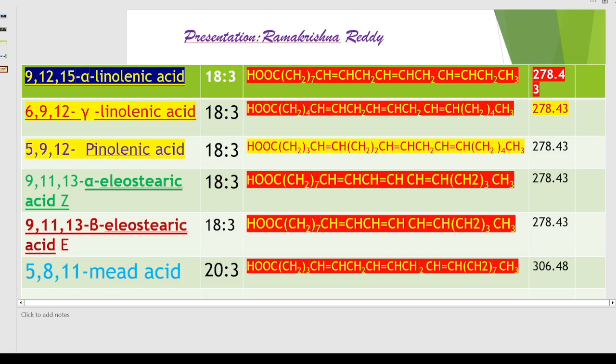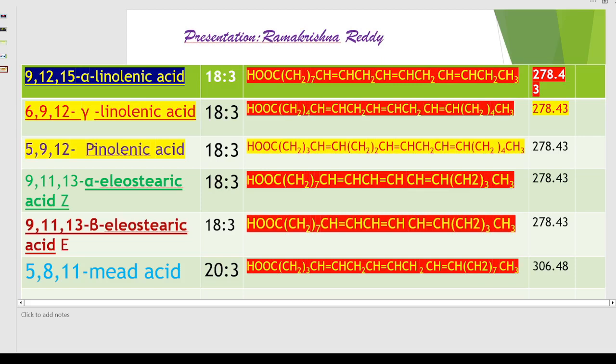Another fatty acid with 18 carbons and three double bonds is beta eleostearic acid. Like alpha eleostearic acid, the double bonds are at 9, 11, 13, at the same carbons, but the difference is that it is in trans configuration.